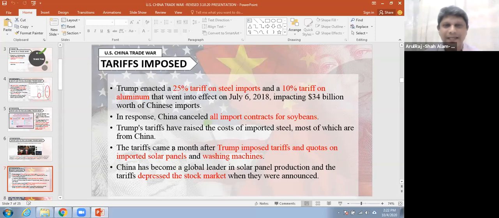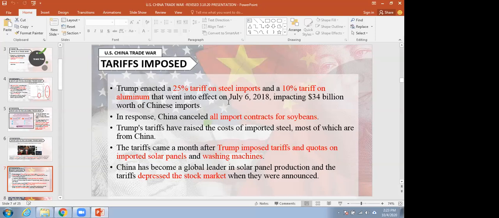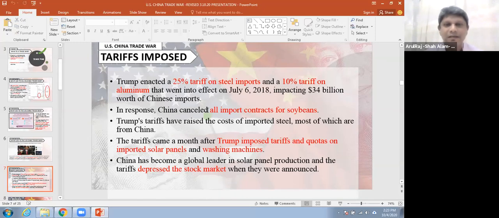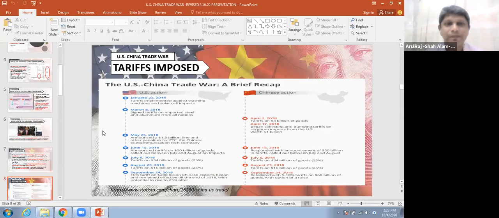That is the beginning. Then he started with a 25% tariff on steel imports and 10% on aluminum. It actually started in the year 2018 with 34 billion of Chinese imports. So we'll go to the next screen.